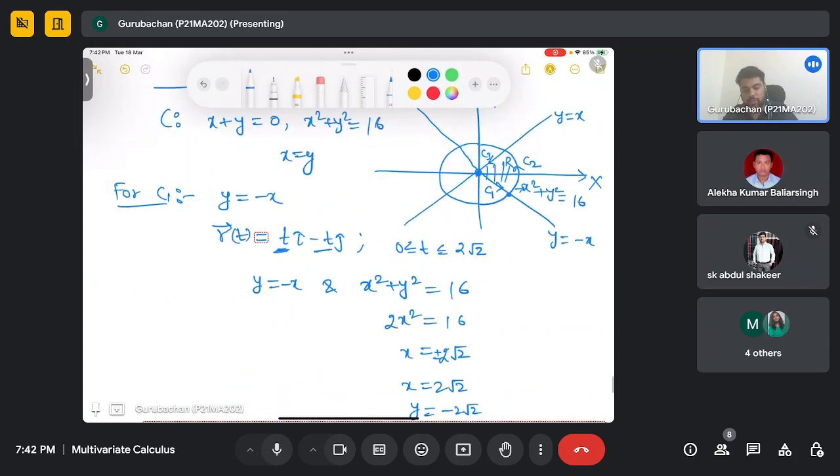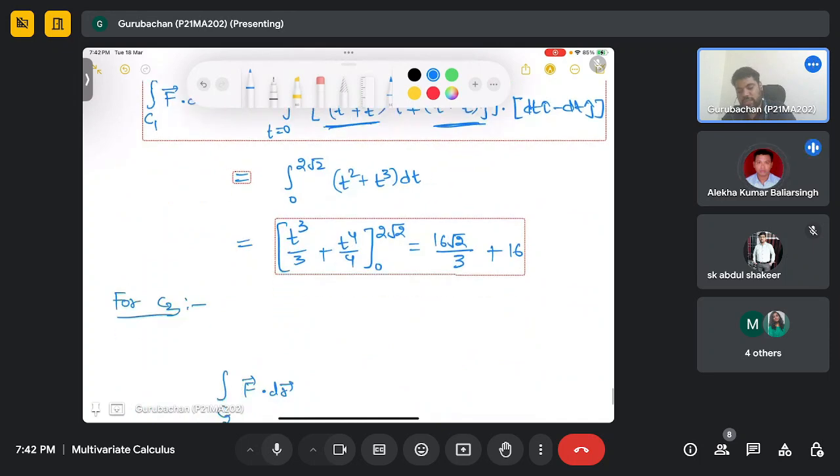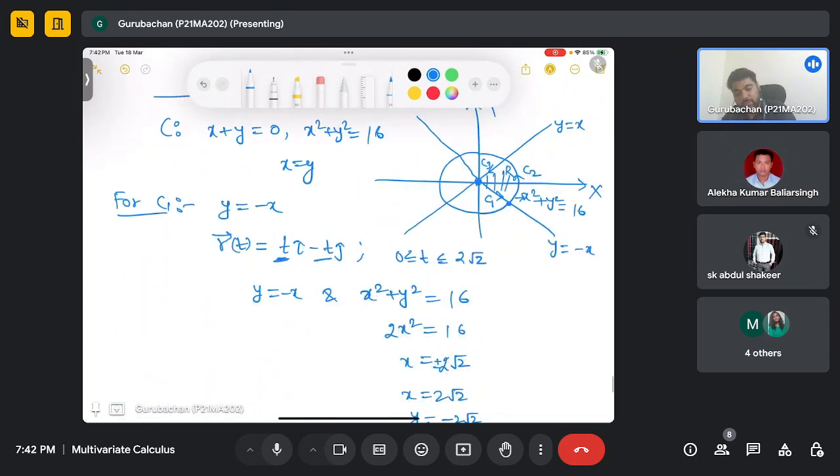First of all, the line component. This is y equal to x. And observe here that we are coming from this particular point to this. If this is (2 under root 2, minus 2 under root 2), the corresponding point will be (2 under root 2, 2 under root 2). You may find it in the same way from y equal to x and x square plus y square equal to 16.